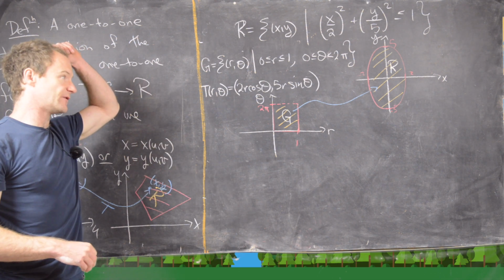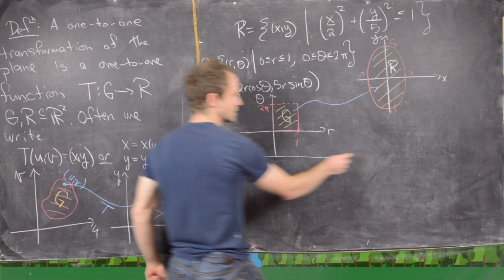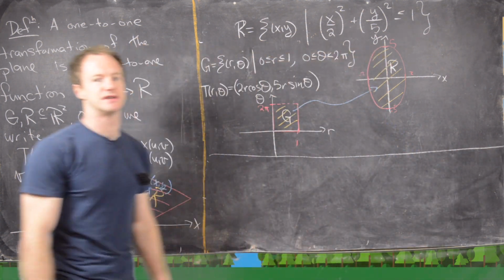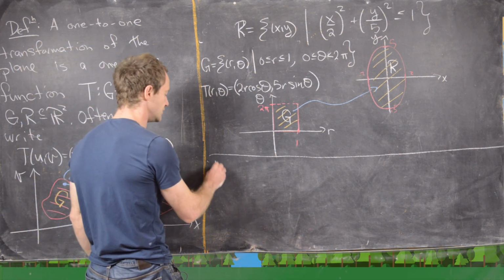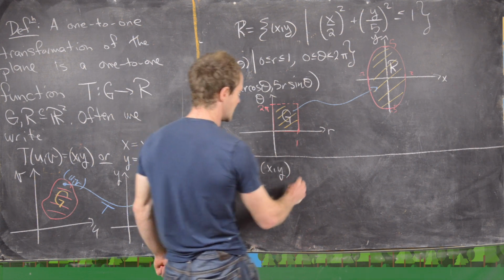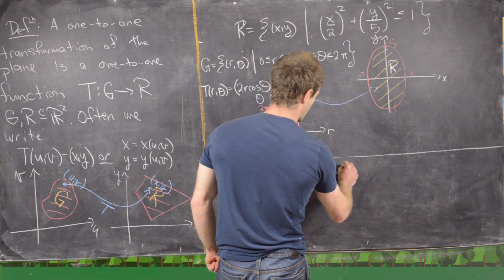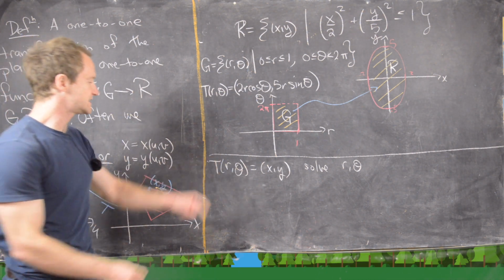So let's go ahead and see if we can find the inverse transformation as well, because that's a good exercise for something a little juicier like this. So in order to find the inverse transformation, what we want to do is set T of r, theta equal to x, y and then solve for r and theta. So let's see if we can do that.